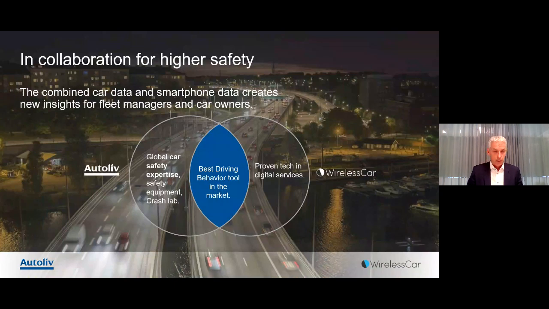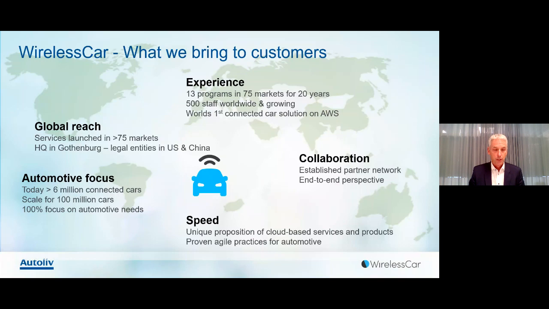On the next slide, I will tell you just a short story about WirelessCar and what we bring to the customers. For those of you who don't know that much about WirelessCar, I can tell you that we have global reach. We have services launched in more than 75 markets. Our headquarters is in Gothenburg, and we have legal entities in both the US and China.